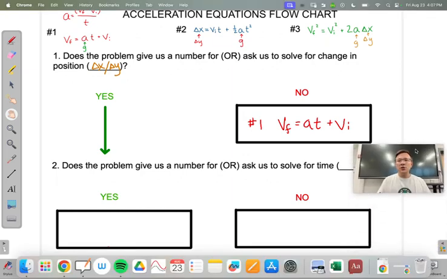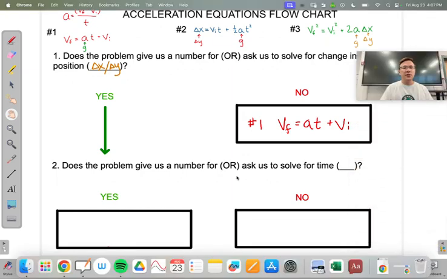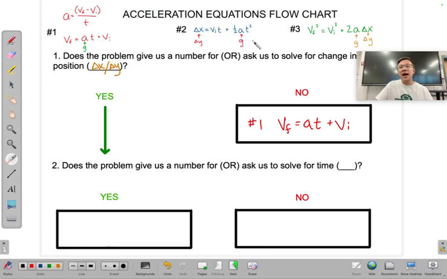And the next question here is going to ask us the same thing except time. Did the problem give us a number for time or ask us to solve for time? And again, the reason for that is the variable that is different between equations 2 and 3. Equation 2 has time in it. Equation 3 does not. They both have change in position, right?